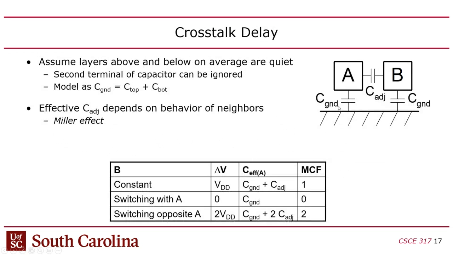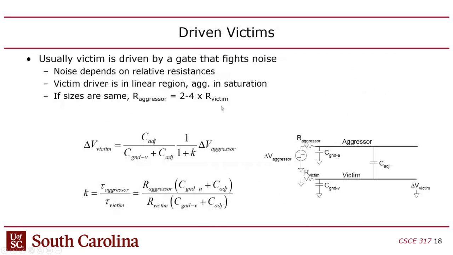If that happens, then the delta V is actually 2 VDD between the two. On the other hand, they might be switching together. So the effective capacitance between them actually depends on how they're switching.